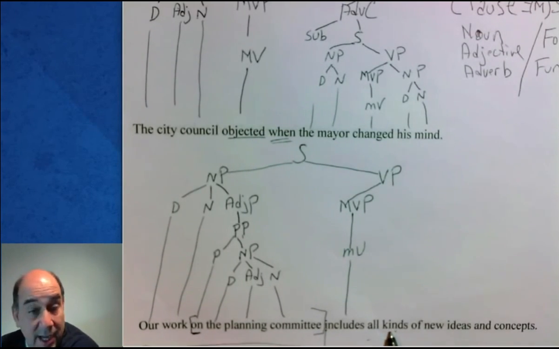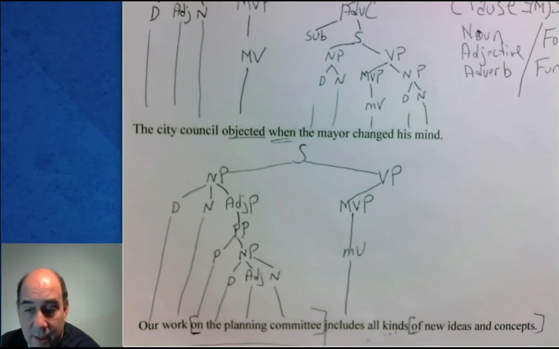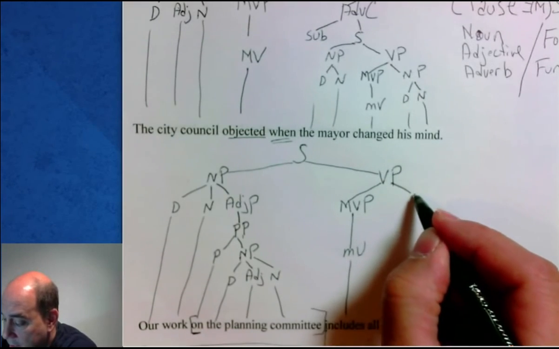Okay, kind, I guess I can count. One kind, two kinds. So that's a plural, so that's a noun. Of, preposition, new ideas and concepts. All of this goes together. Okay, it's a prepositional phrase. What's it doing? I've got to ask that question again. What's its form and what's its function? So, first thing I'm going to pull off of here is a noun phrase.